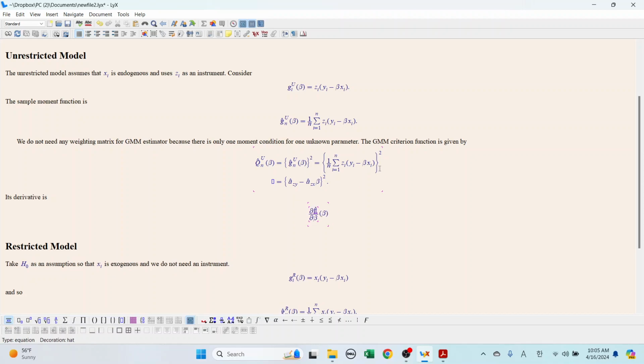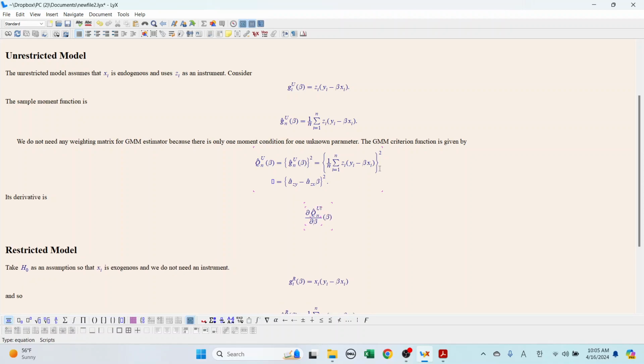So it is a very simple derivative of a quadratic function. We are going to have 2 times hat A_zx times beta minus 2 times hat A_zx times hat A_zy as the derivative.